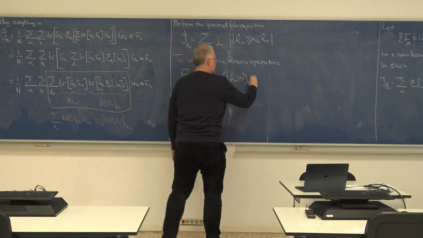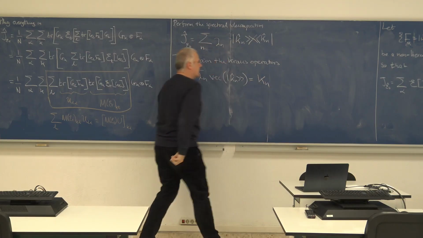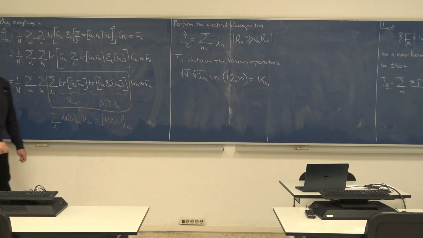And this will be my Kraus operator K_n. And that's it. It's a big anticlimax. I know, four lectures to get to this point, but sometimes that's how the penny drops.